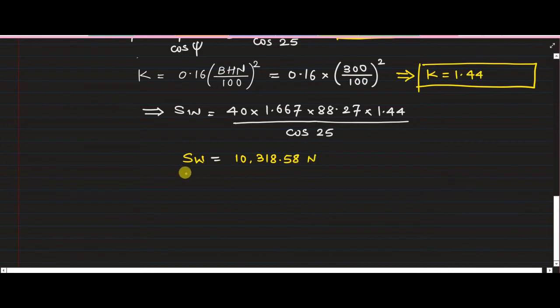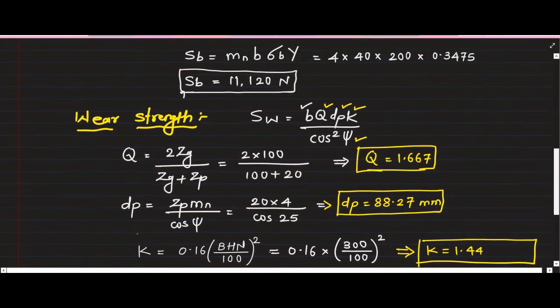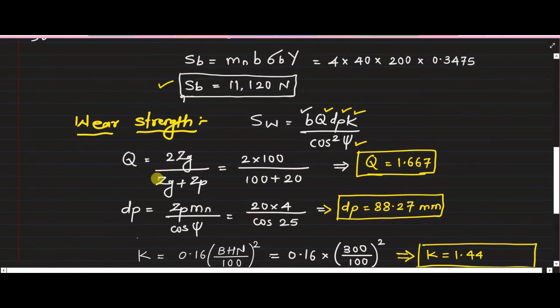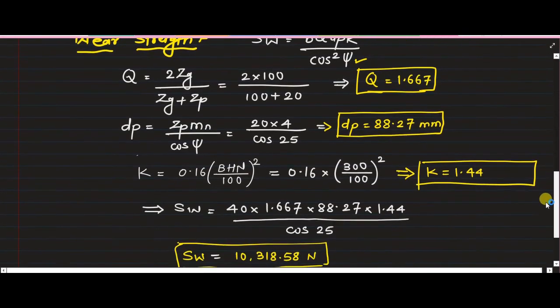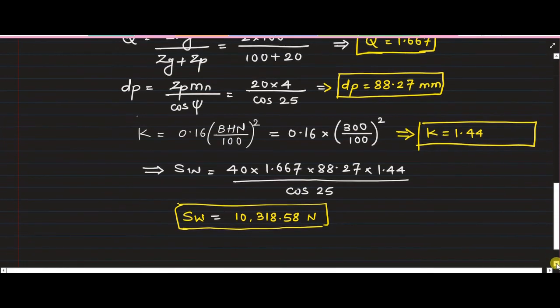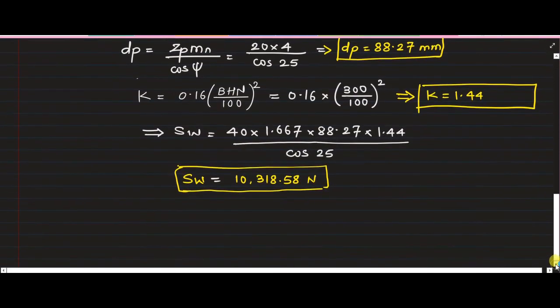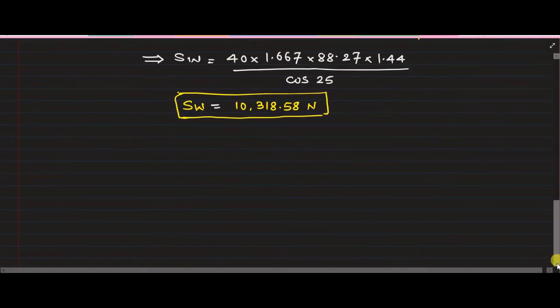Now, why have we calculated the value of SW and the value of SB? From these two values, we observe that the value of SB is greater than the value of SW. So it means that when the pinion and gear arrangement is subjected to loading, or whatever power it is transmitting, first of all, it will fail because of its wear strength.